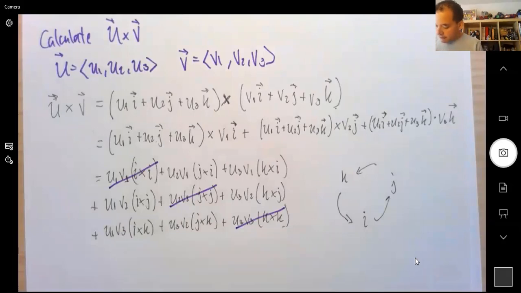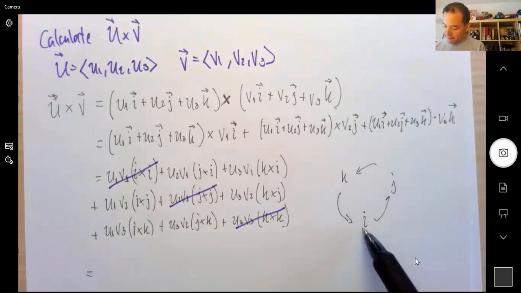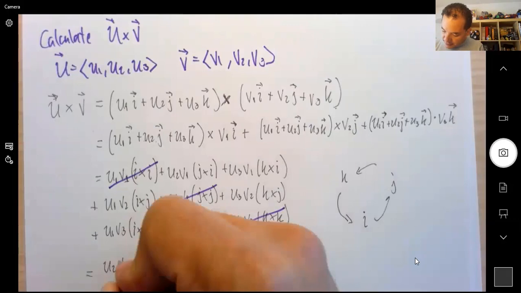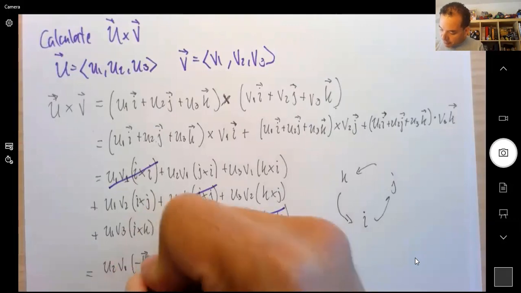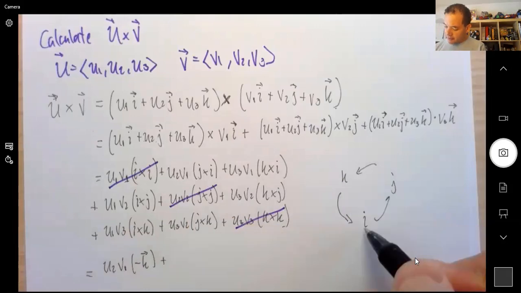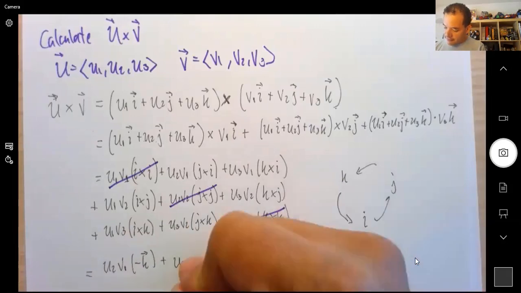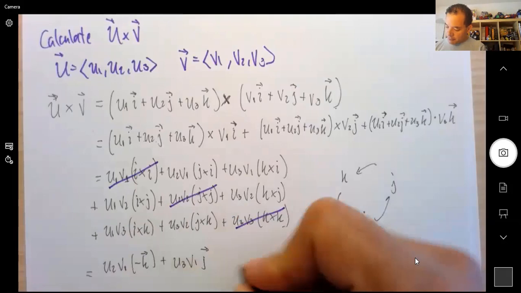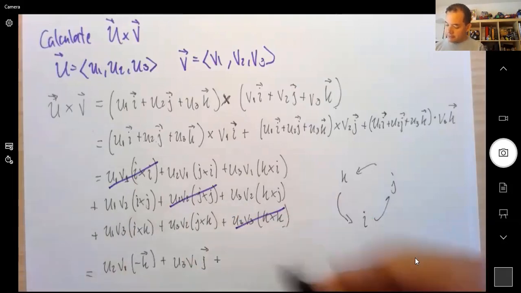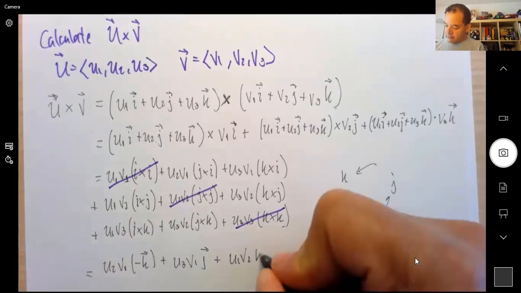Let's see. So this will be J cross I. J cross I, we go in the opposite direction. So it's negative K. So that will be U2 V1 times negative K. Plus K cross I. K cross I is J. So that's U3 V1 J. Plus I cross J, that's K. Good.